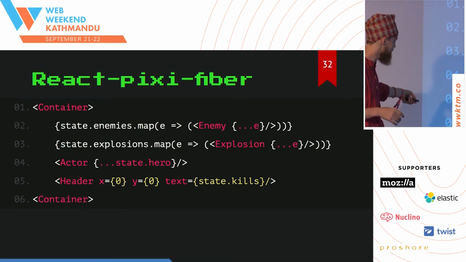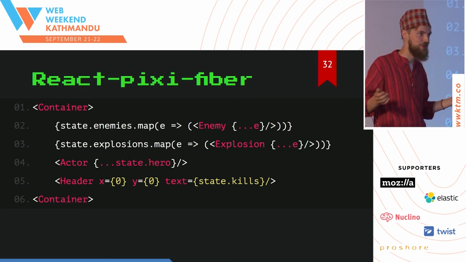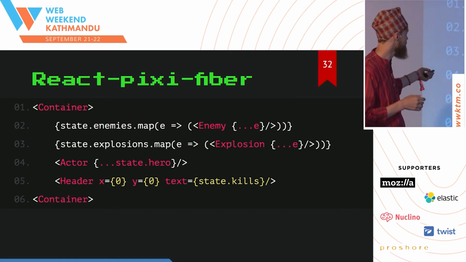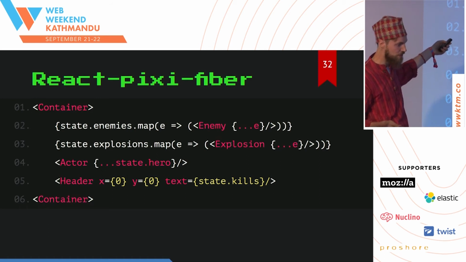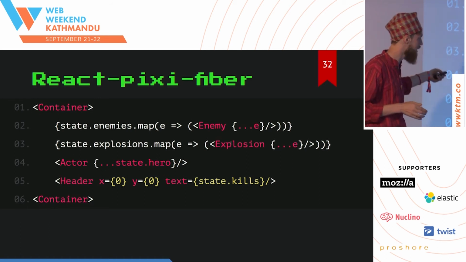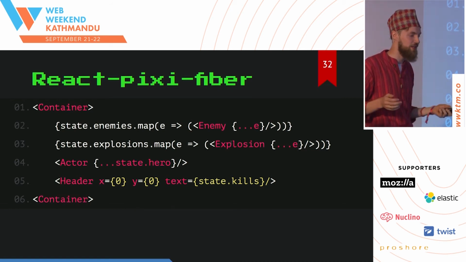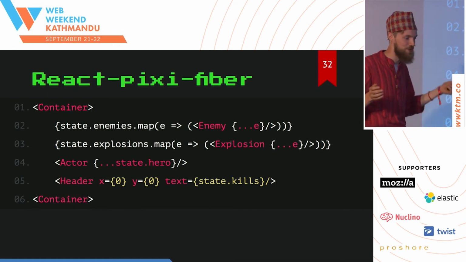It's just 6 lines of JSX code, well-known JSX code from React, and you can use it to make a game. You can make a game like an interface, because you can make a game like your React application, with common things, with props, with set state, and so on.